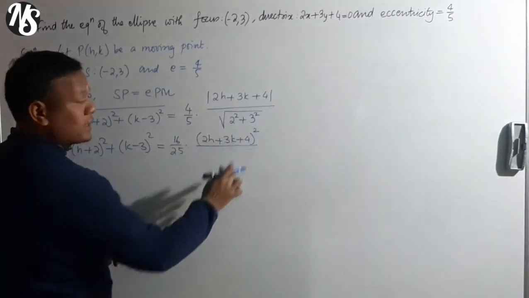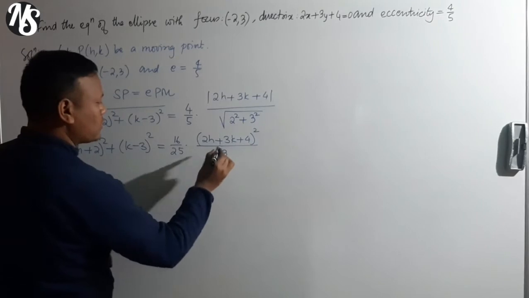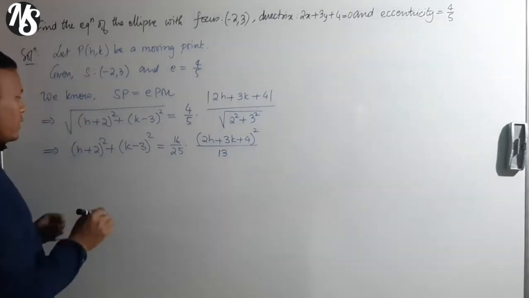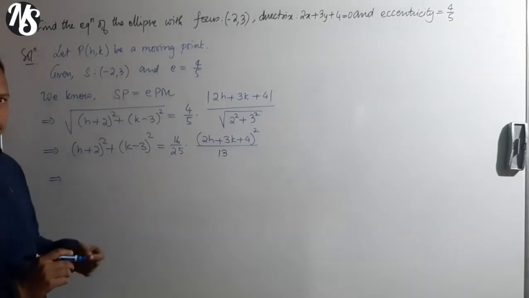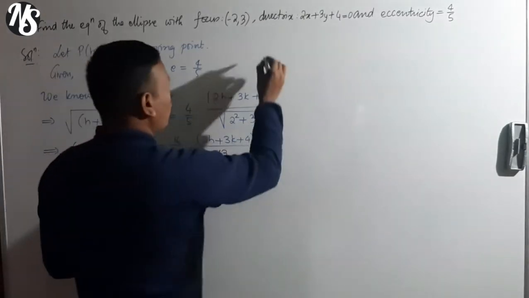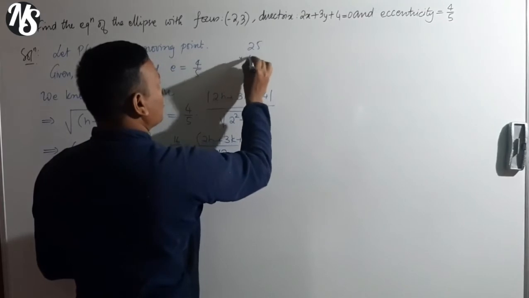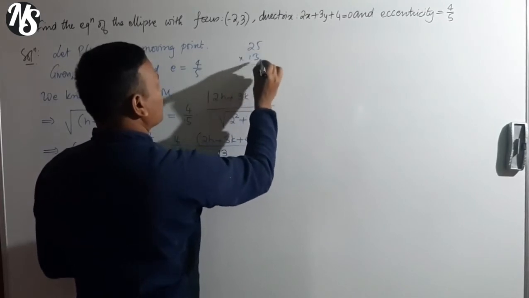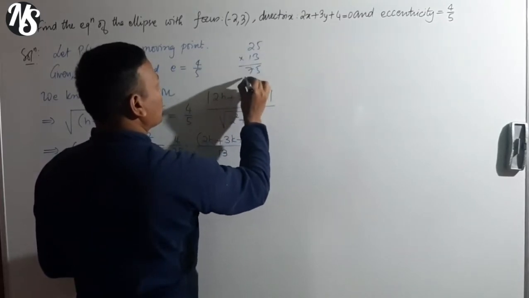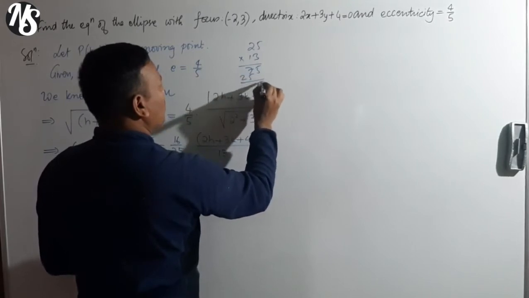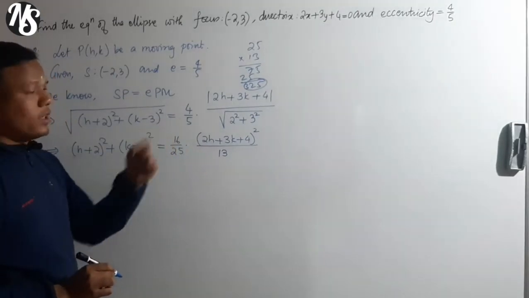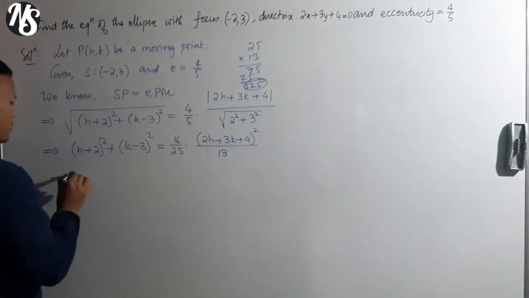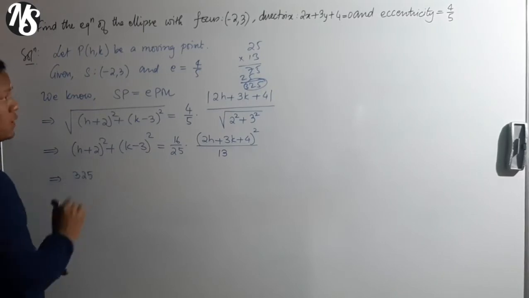So 4 plus 9 is 13. Okay, fine, so we have 25 into 13, which is 325. When you multiply these two, you get 325.